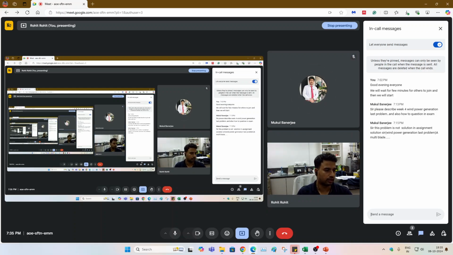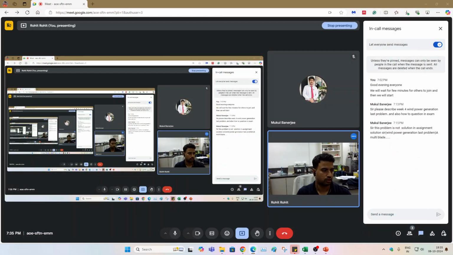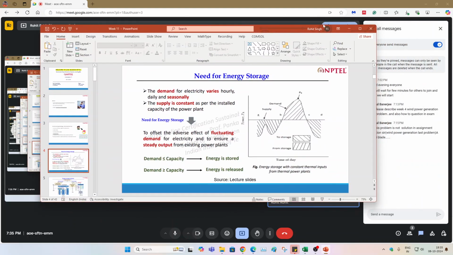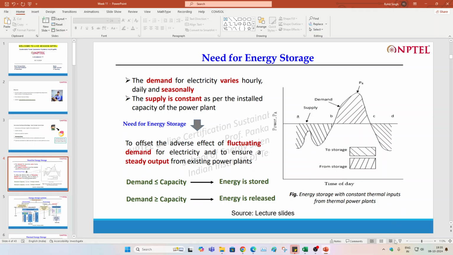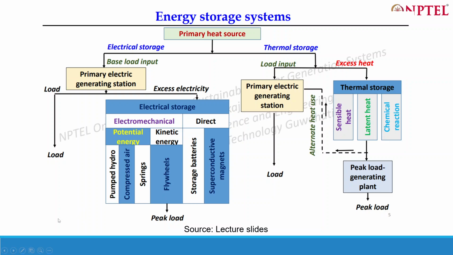Okay, so I think I should continue today's lecture. Okay, this is week 4 now. So if we see energy storage systems, there are different types, like primary heat source.